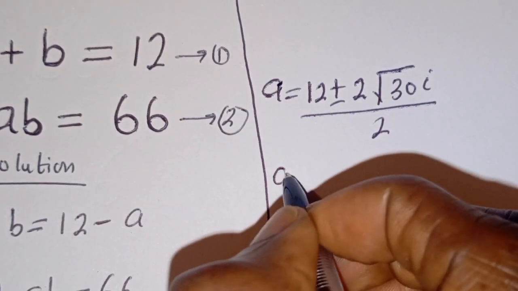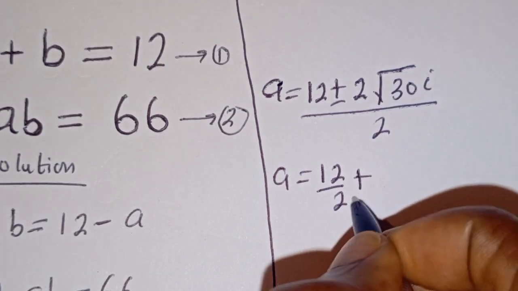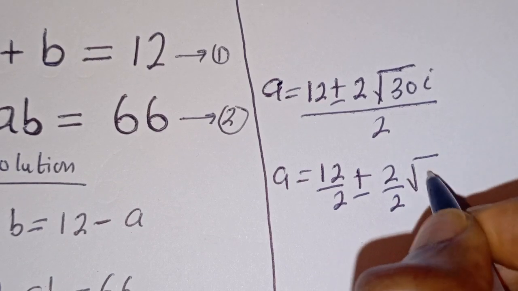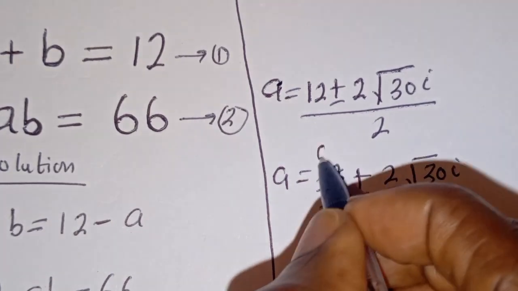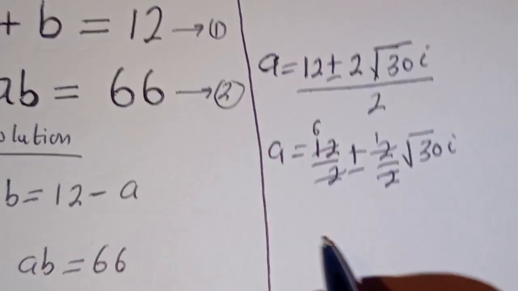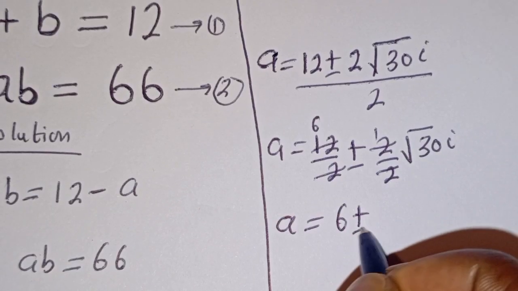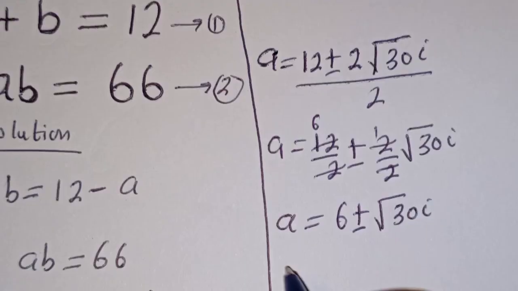Then we have a is equal to 12 divided by 2 plus or minus 2 divided by 2 square root of 30i. This will cancel this 6. This will cancel this 1. a is equal to 6 plus or minus square root of 30i.